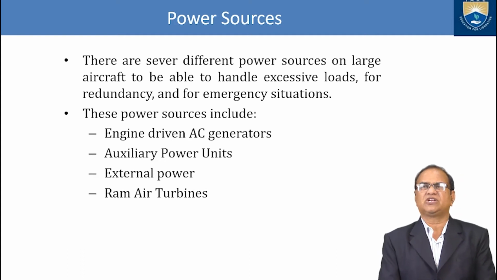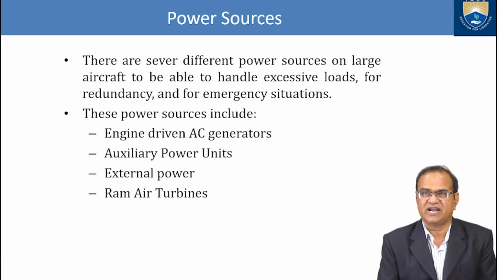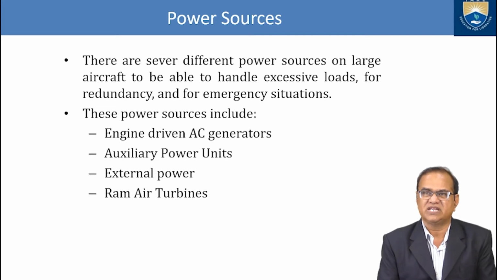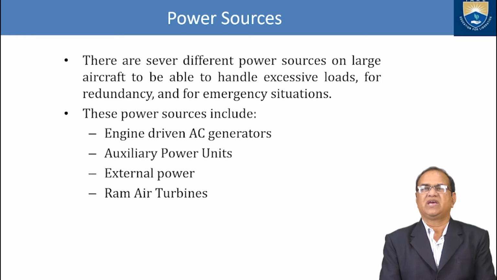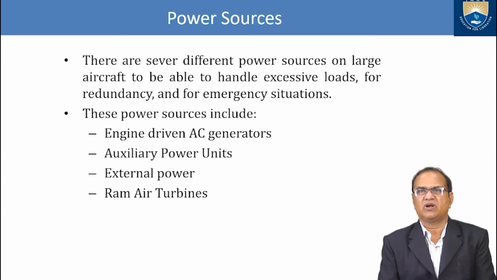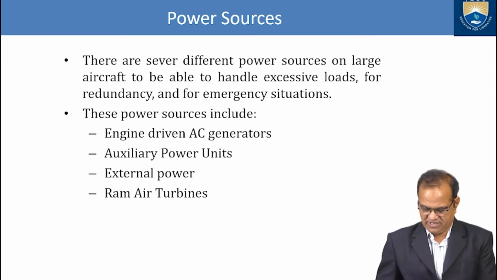These power sources include engine driven alternating current generators, auxiliary power units, external power, and ram air turbine. These are the 4 power sources by which we get power on the aircraft.